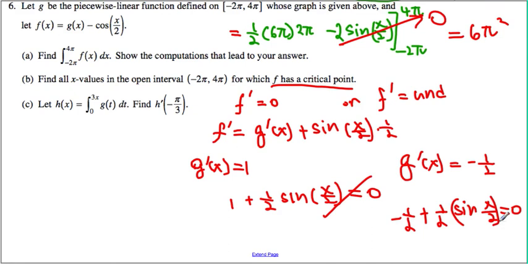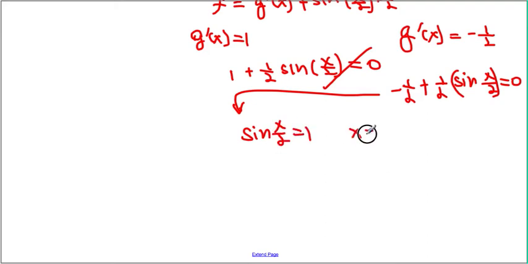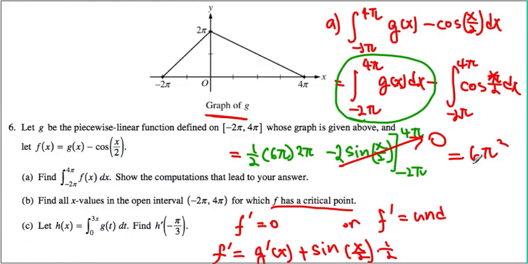Now this is rather simpler, because as long as sine of x over 2 becomes 1, then we are okay. This simplifies to sine of x over 2 has to be equal to 1. Well, x over 2 has to be equal to pi over 2. That means x has to be equal to pi, which works for our option.